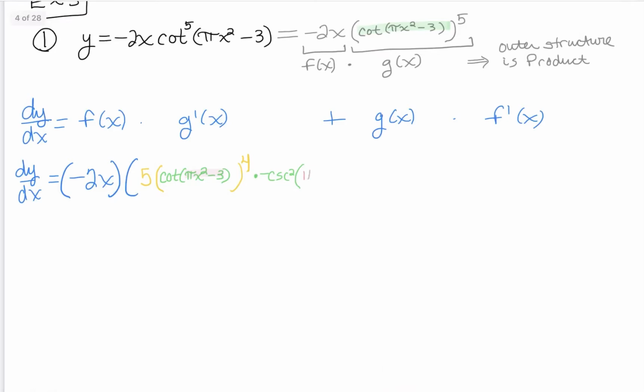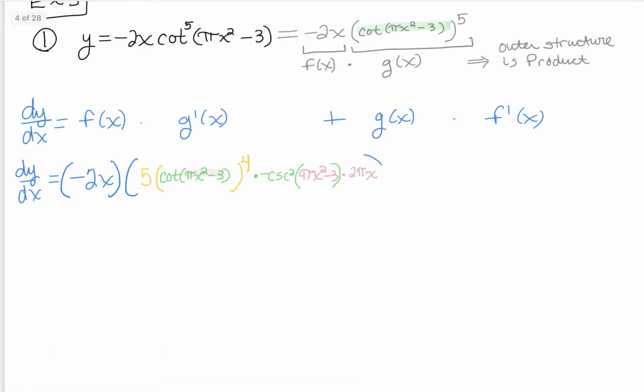So the pi x squared minus 3 left alone, and then times the derivative of that inside. So the derivative of pi x squared minus 3 is going to be 2 pi, this is just power rule, x to the first.